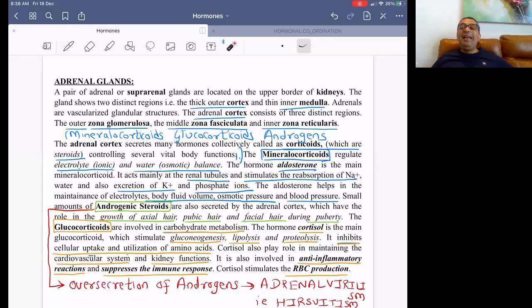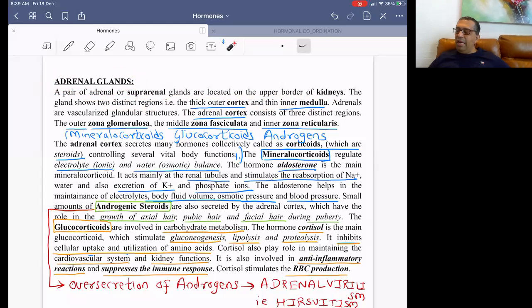Let's understand the adrenal gland. Along with the thymus gland, we have the adrenal glands. The adrenal glands or suprarenal glands are located on the upper borders of the kidney, showing two distinct regions, an outer cortex and an inner medulla.